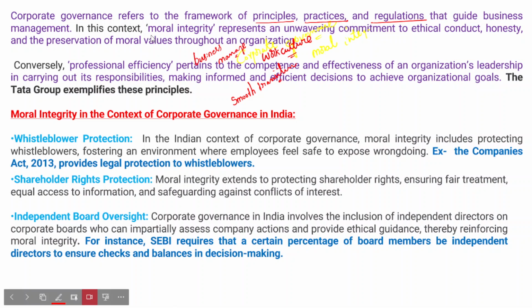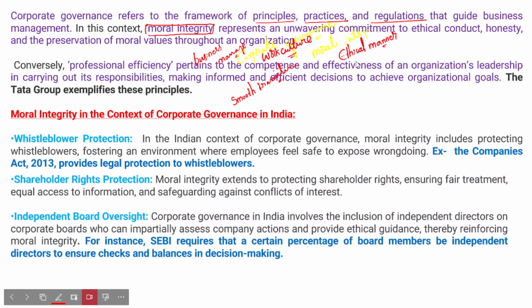And secondly, we need to understand the definition of moral integrity. Moral integrity represents the commitment on the part of the corporate company. What kind of commitment? The business processes and procedures should be conducted in an ethical manner, they should follow values like honesty, and they should preserve moral values while conducting their transactions or operations.